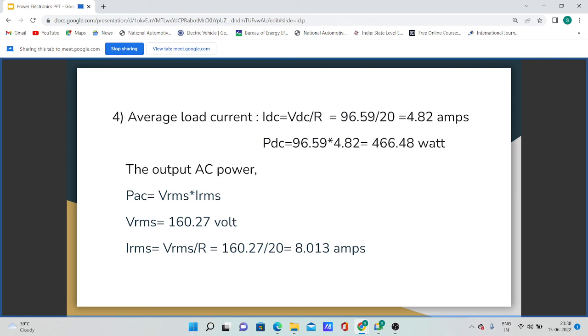Then PDC is 96.59 into 4.82, which is 466.48 watt. The output AC power is given as PAC equal to VRMS into IRMS. VRMS is 160.27 volt and IRMS, as you can see, is 8.013 ampere. Next.